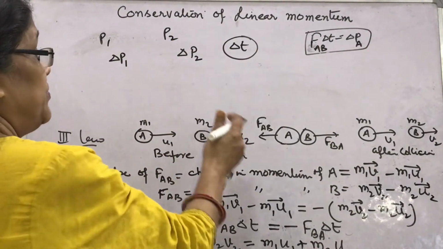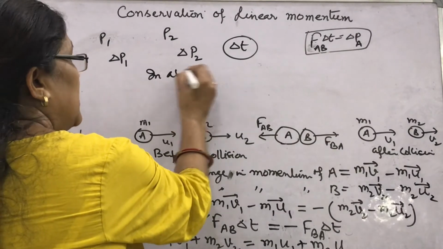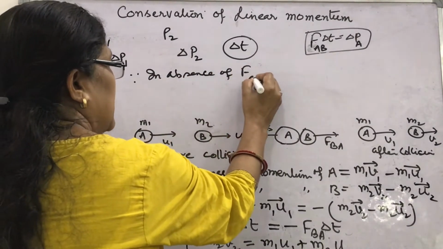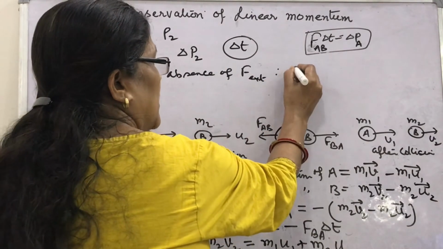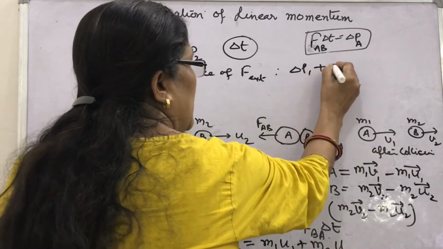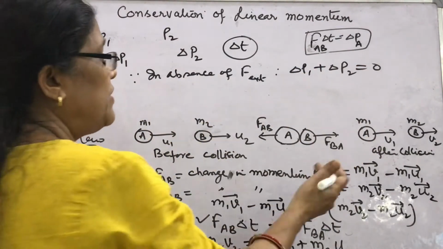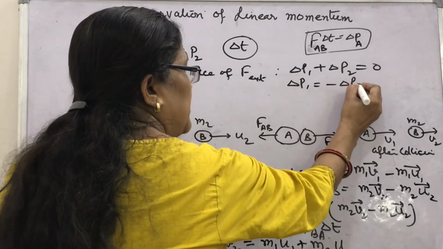Since in the absence of external force there should be no change in momentum, what will you write? Delta P1 plus delta P2 should be 0. So delta P1 equals minus delta P2.